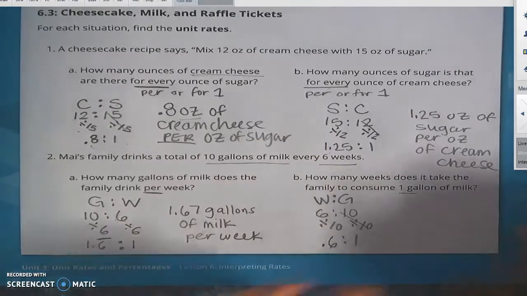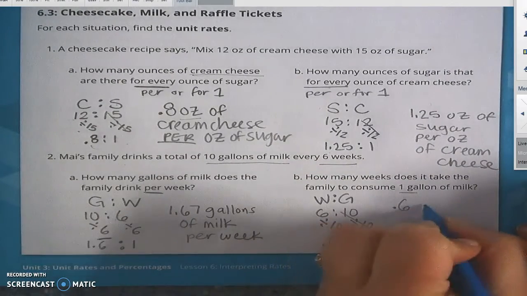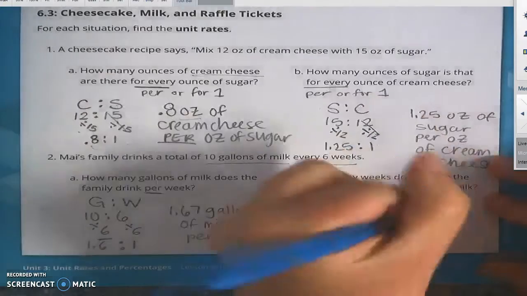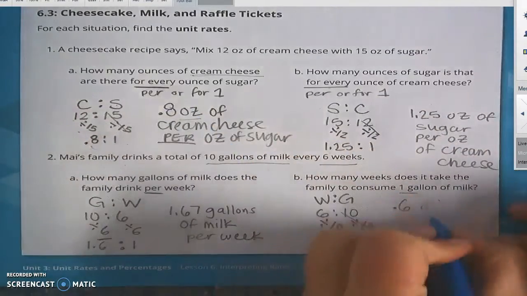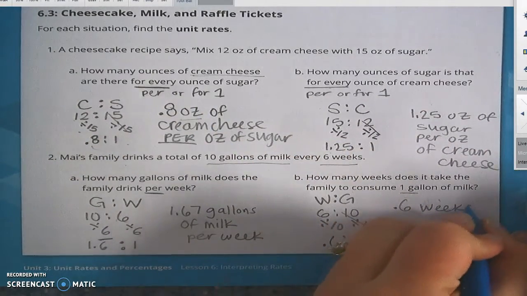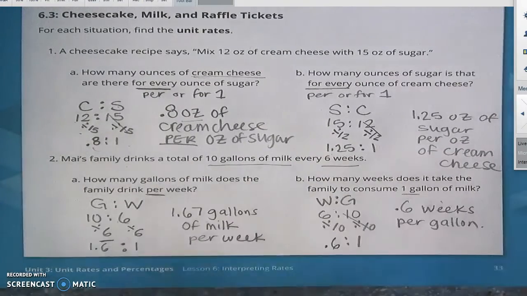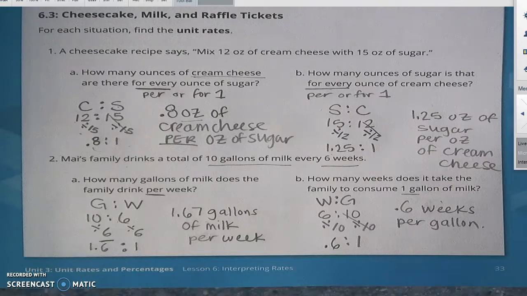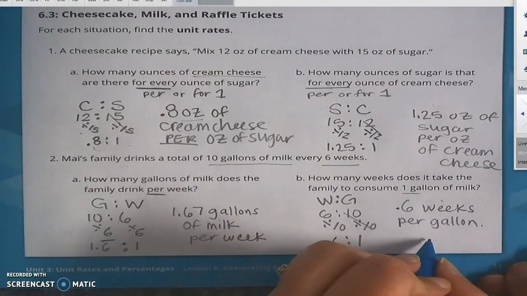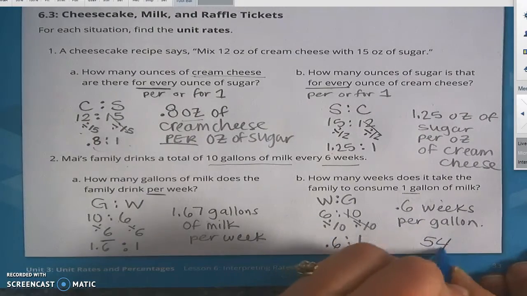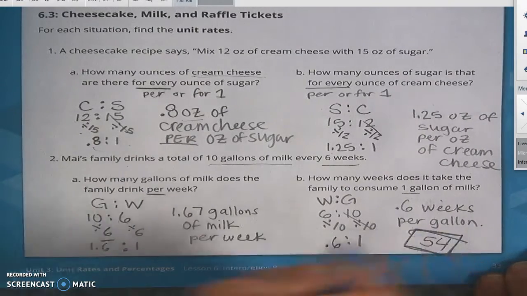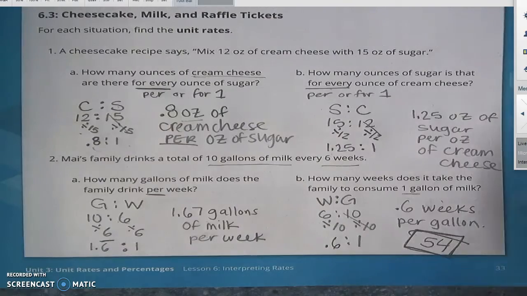So that's 0.6 weeks per gallon. And the part of your equation for this section is 54. Okay.